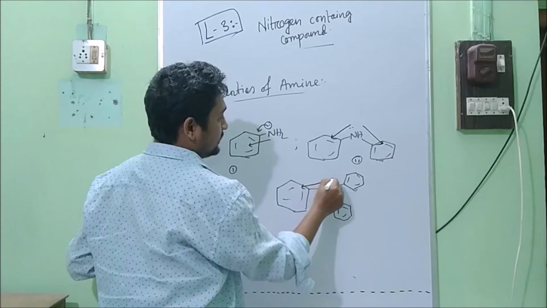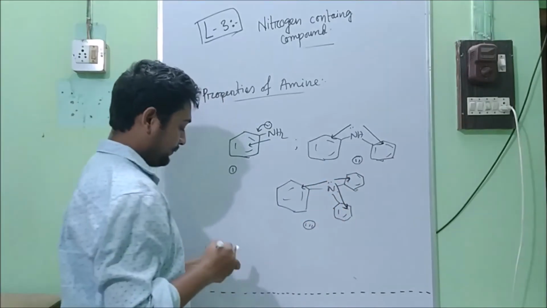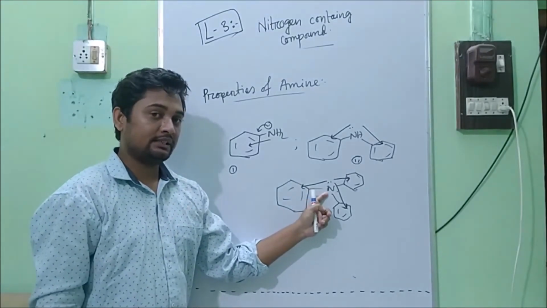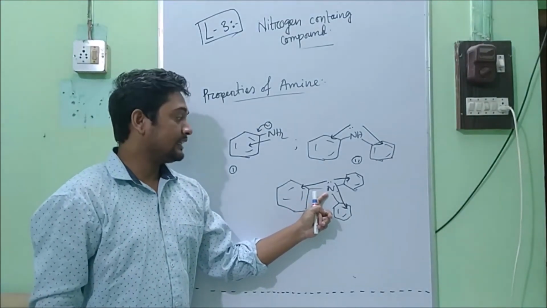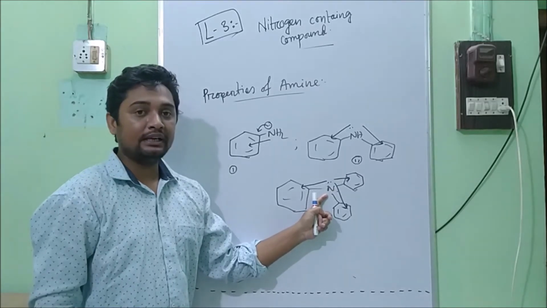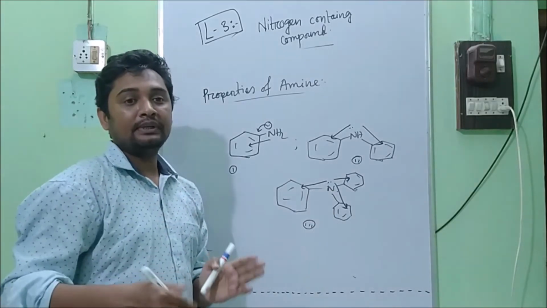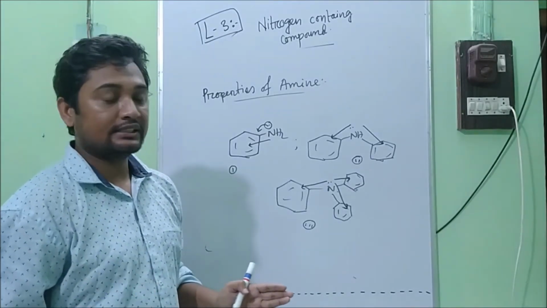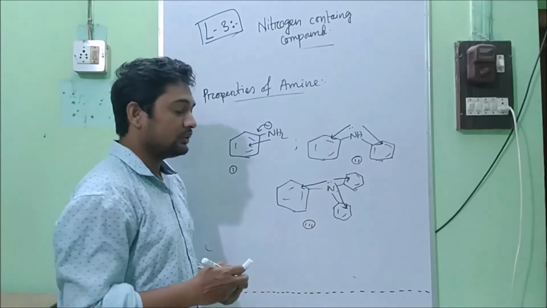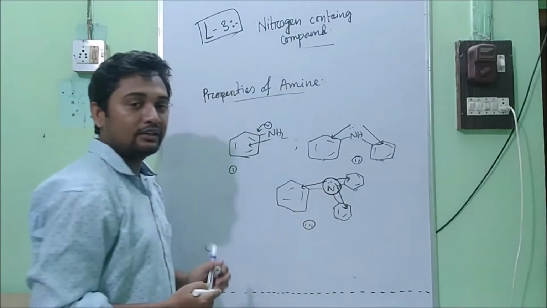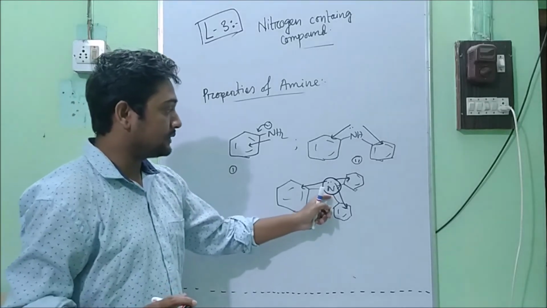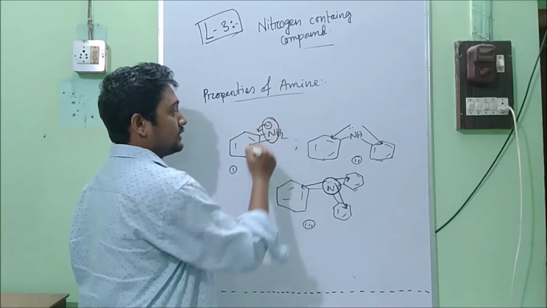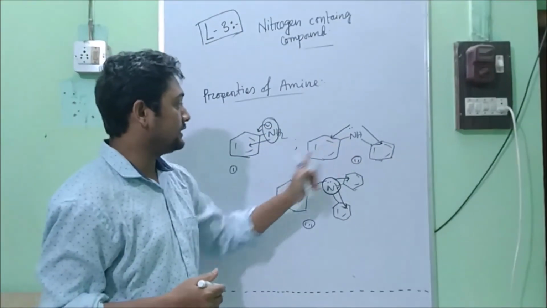So the availability of the lone pair will be less in this case because it has a greater number of benzene rings. So it will participate in resonance to a greater extent compared to this one. So the electron density of this nitrogen atom will be less.